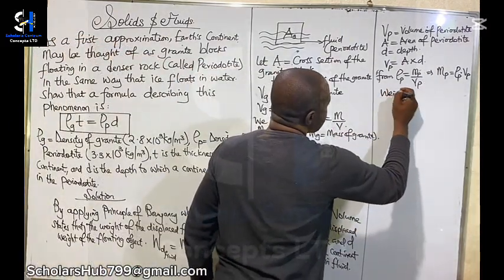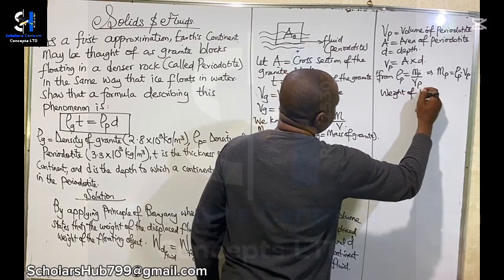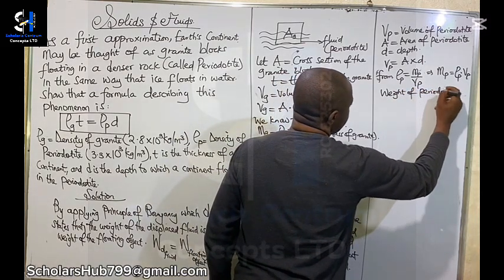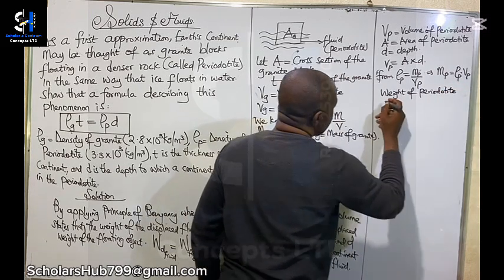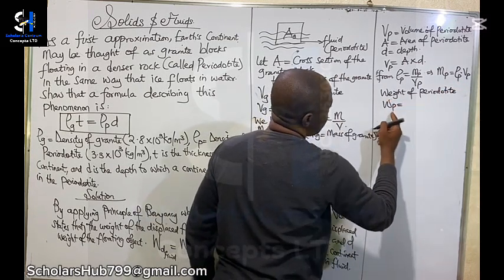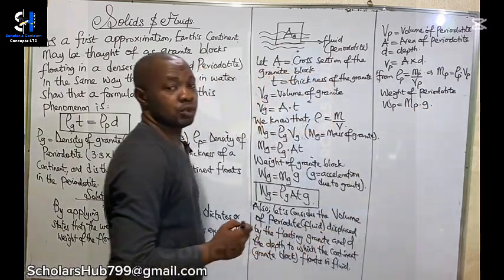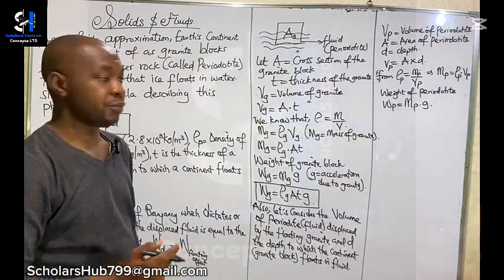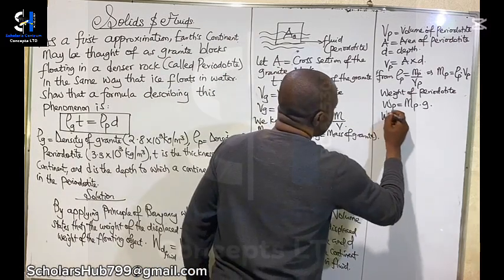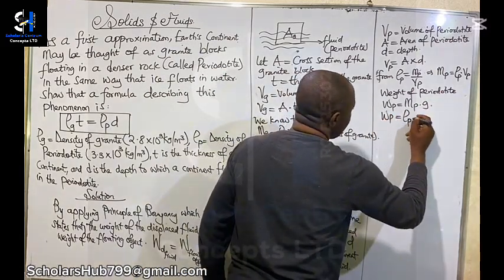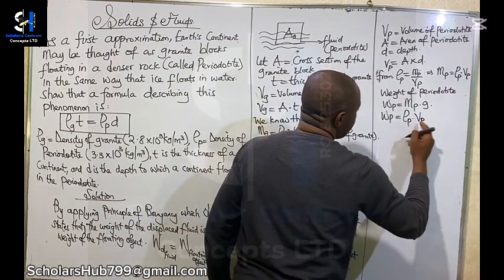Also we know that the weight of peridotite, which is the fluid, will be Wp, mass of peridotite times acceleration due to gravity. So Wp equals density of peridotite multiplied by the volume.